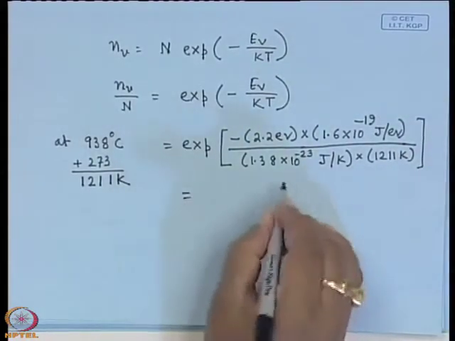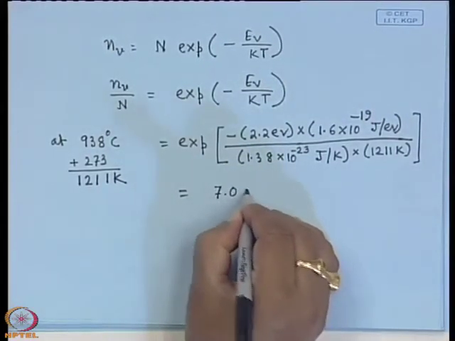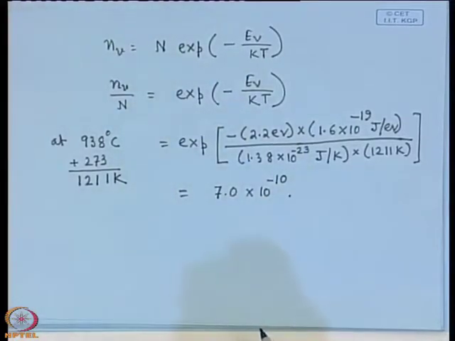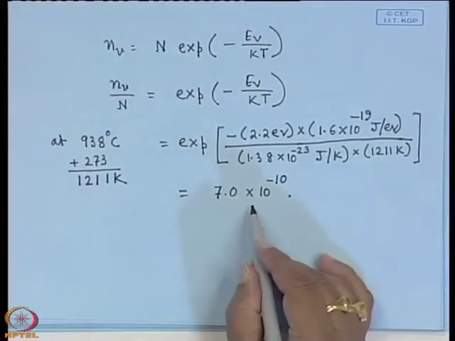And if you simplify it, you will get 7 into 10 to the power minus 10.